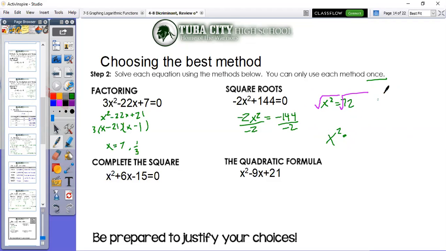And let's see, 72 is 36 times 2, which 36 is a square number, so that would be 6 times root 2. And that is probably the best method for that one.